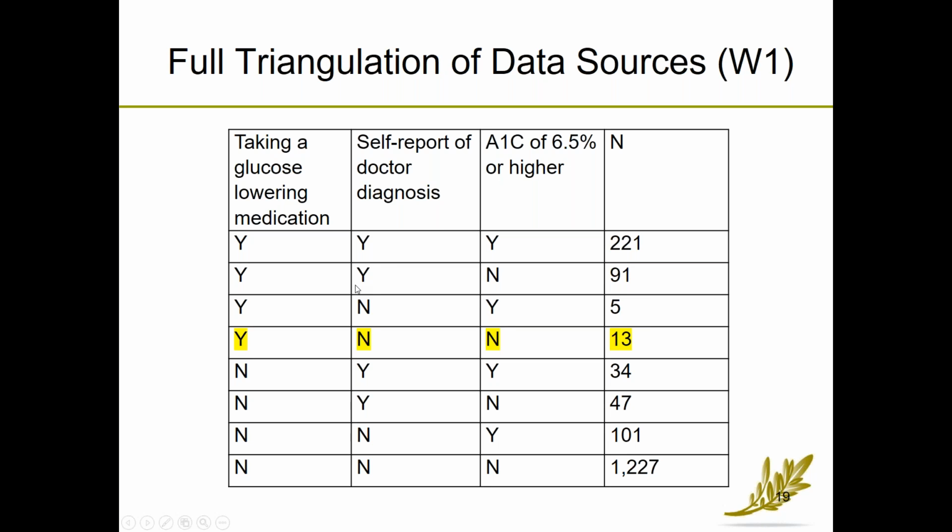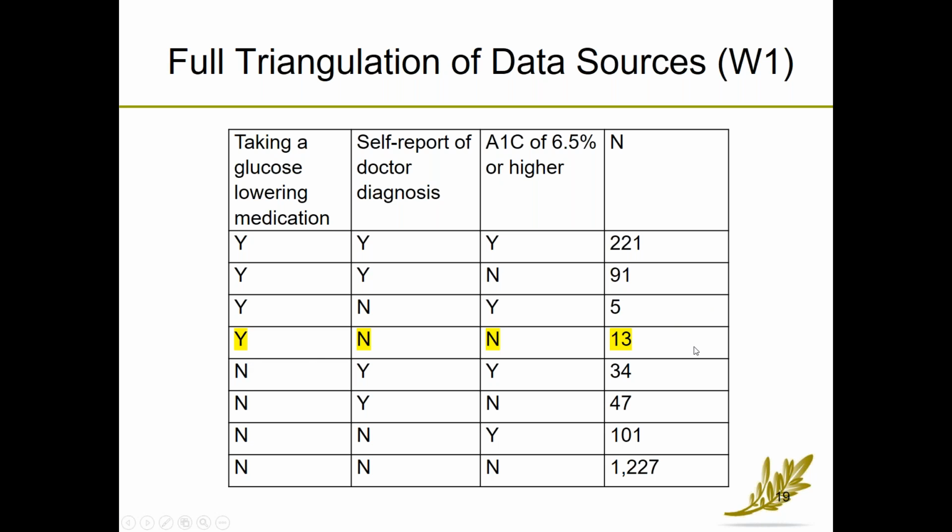And then this actually brings it all together, showing the triangulation of all three data sources: self-report, taking a glucose-lowering medication, and also having a high A1C. You can see from this that the world is complicated, and that we have almost every type of subject represented.